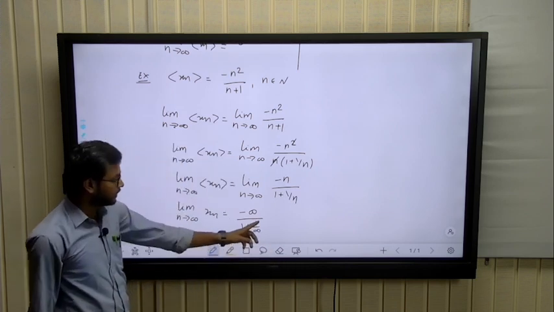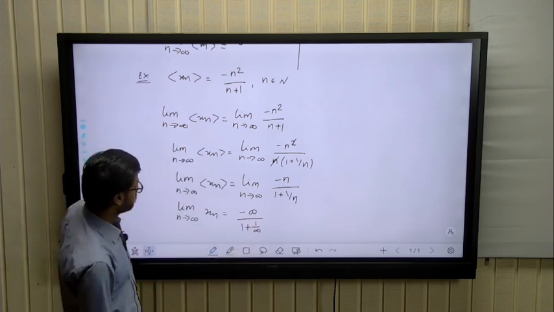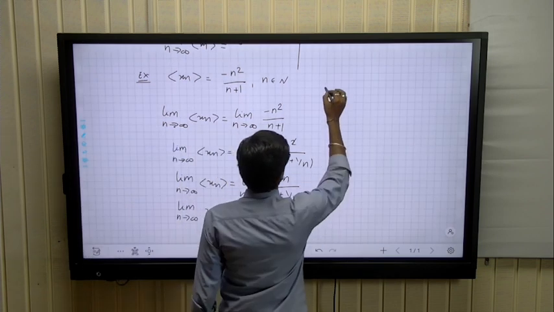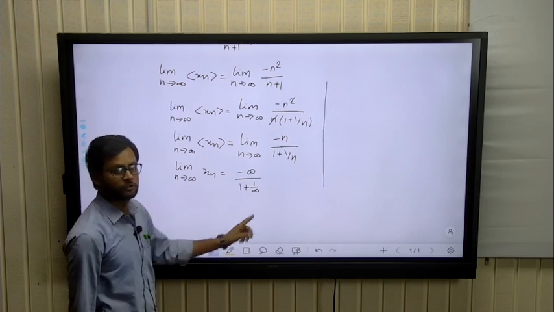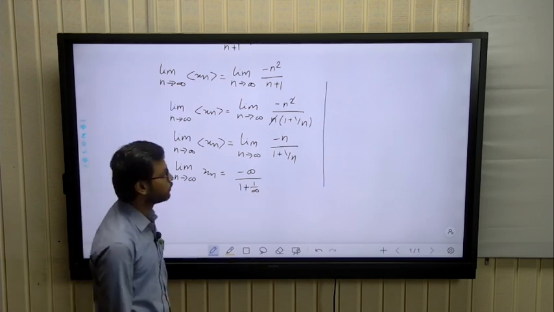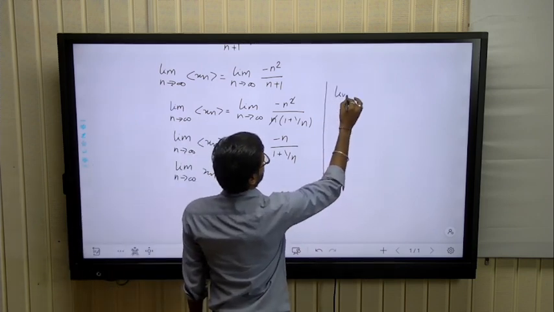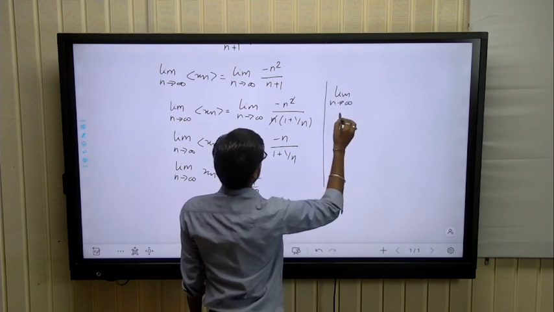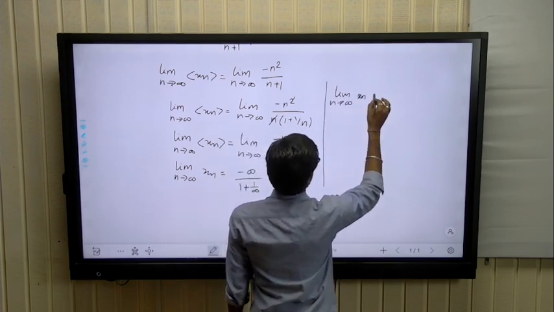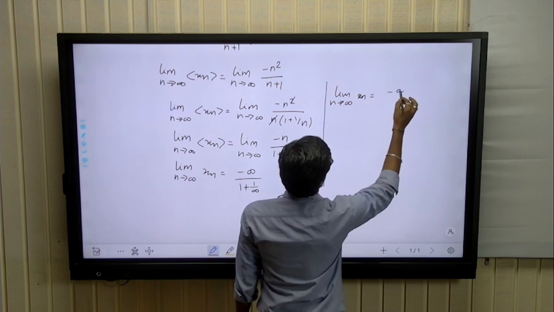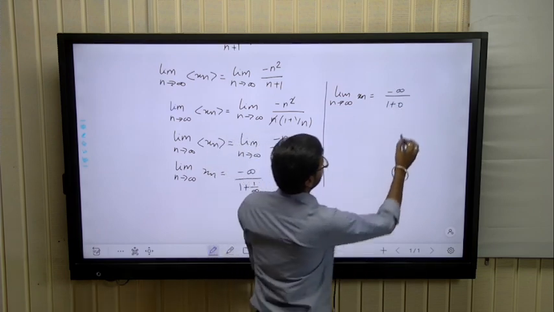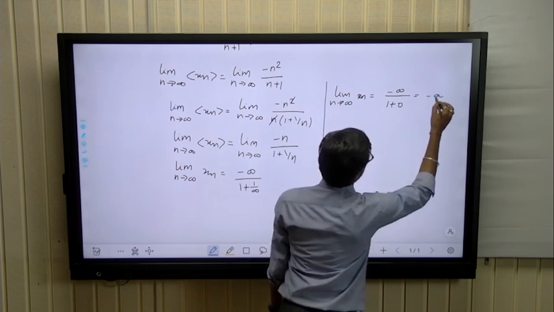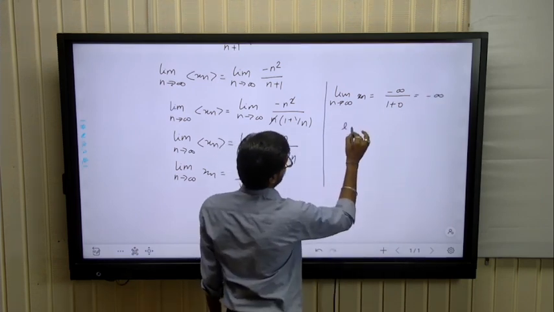We all know the value of 1 upon infinity is 0. So the limit as n tends to infinity of xn is equal to minus infinity upon 1 plus 0. So the value of the limit is minus infinity. So L is equal to minus infinity.